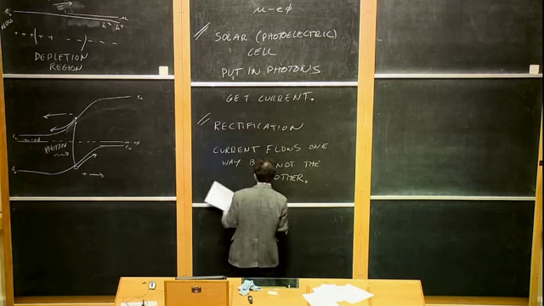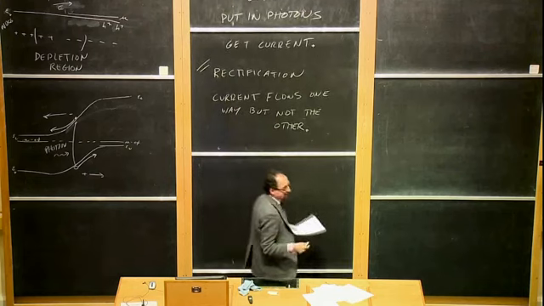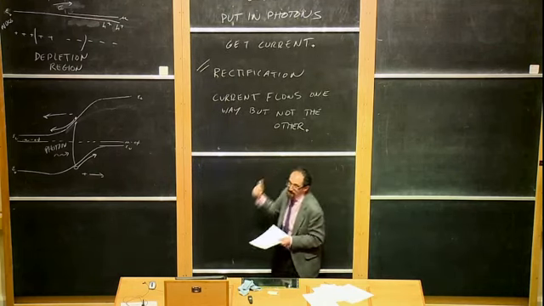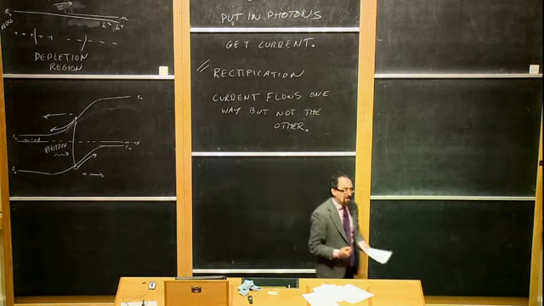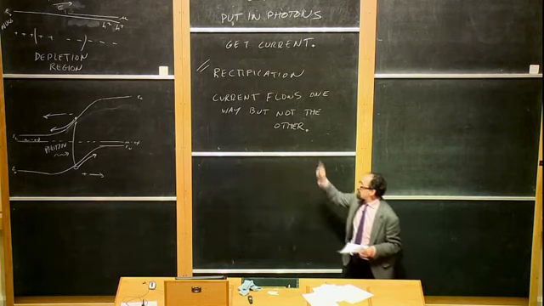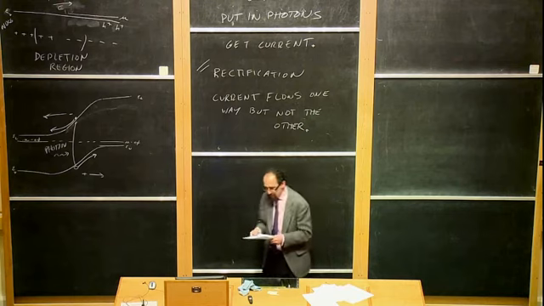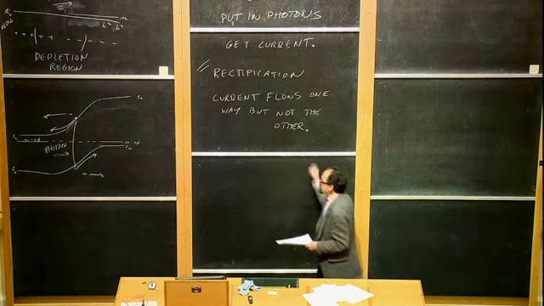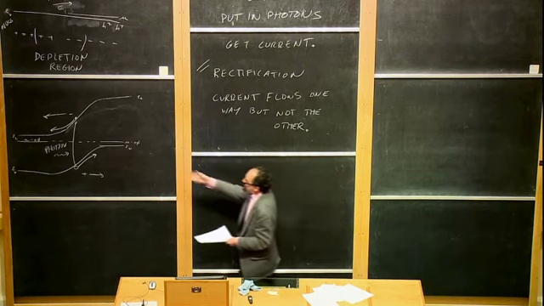And if you're good with your circuits, you might be able to figure out why having something with this property, which rectifies, enables you to build a radio, which is what he realized very quickly: if you have something that rectifies, allowing current to flow one way but not the other, you can build a radio with it. So why is this? Why does it have that physics?